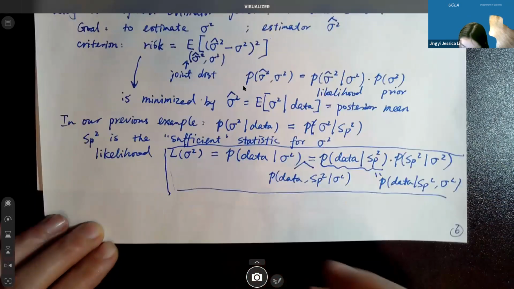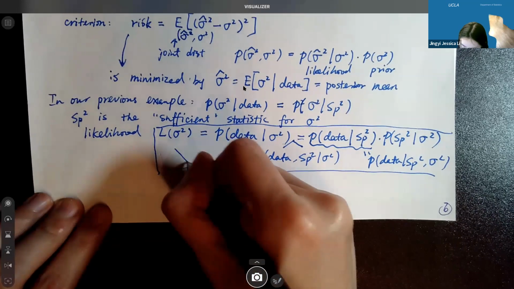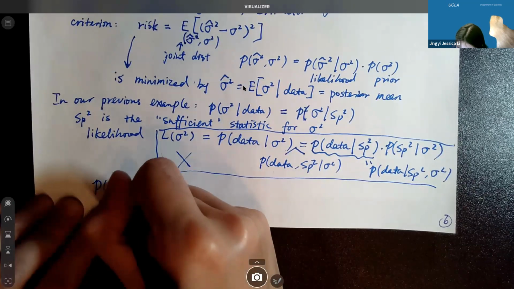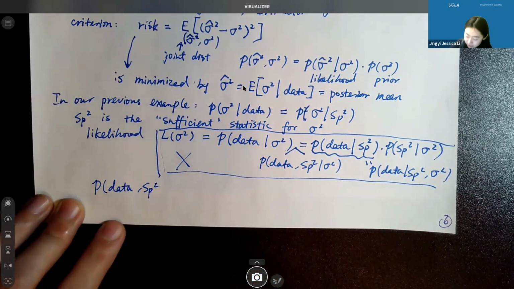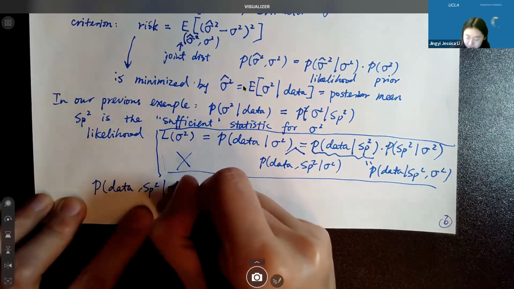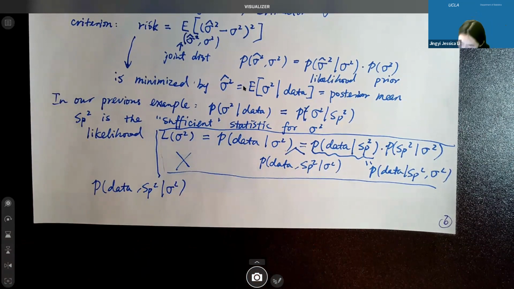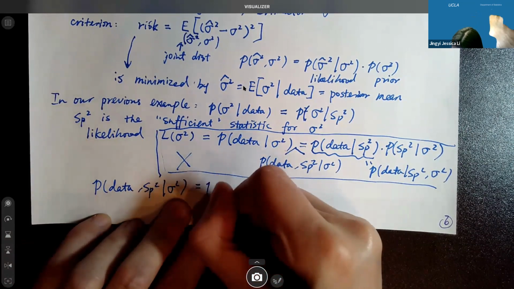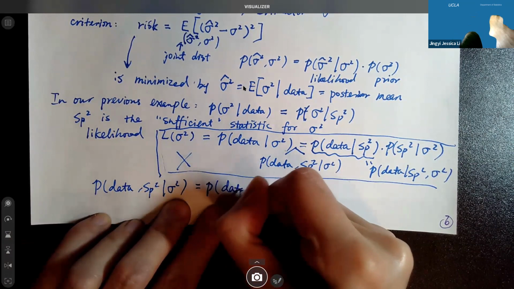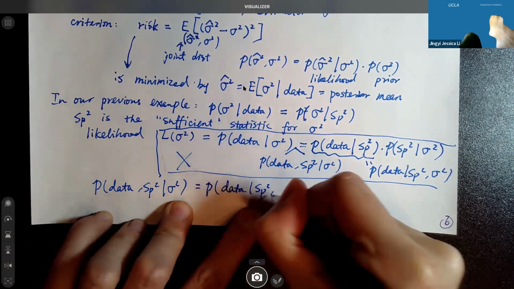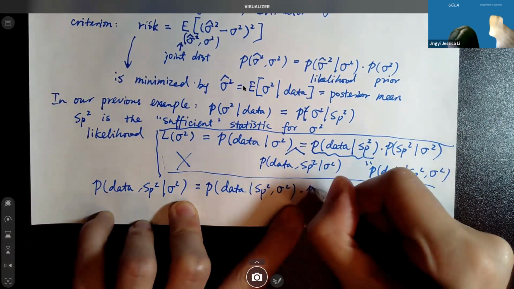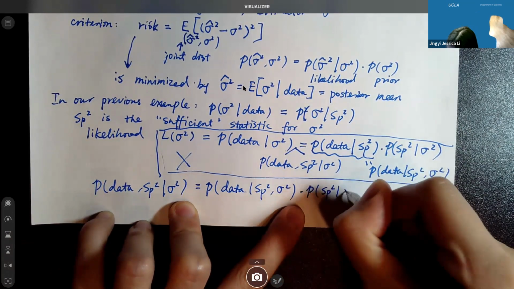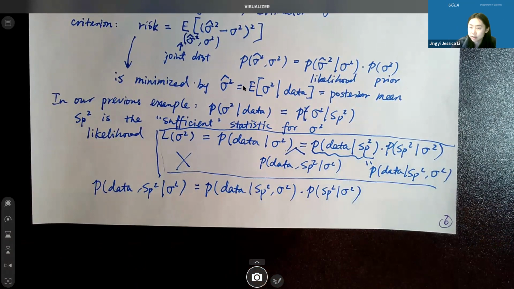Let's forget about this. What I want to say is that if I look at the density of the data and the statistic given the parameter, originally I should factorize it as the density of data given S_p squared and sigma square in the conditioning, times the density of S_p squared given sigma square. This is what I should have.